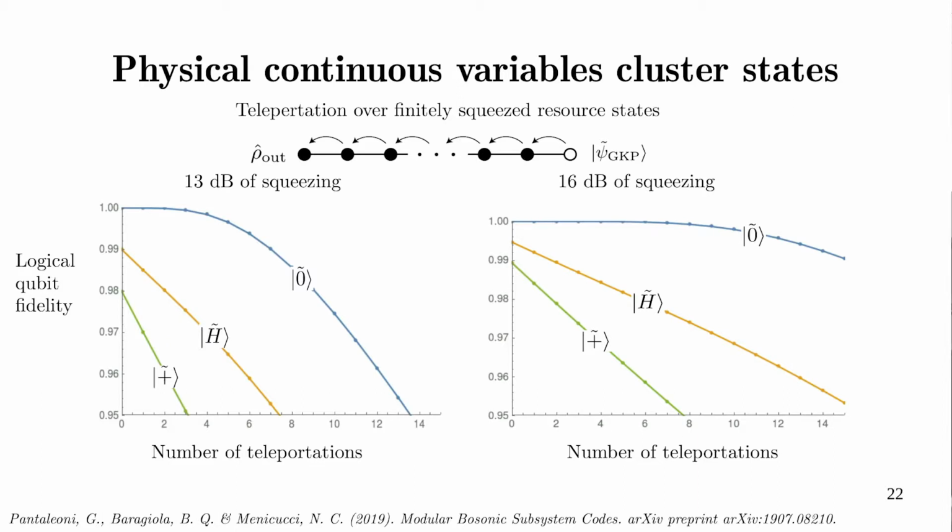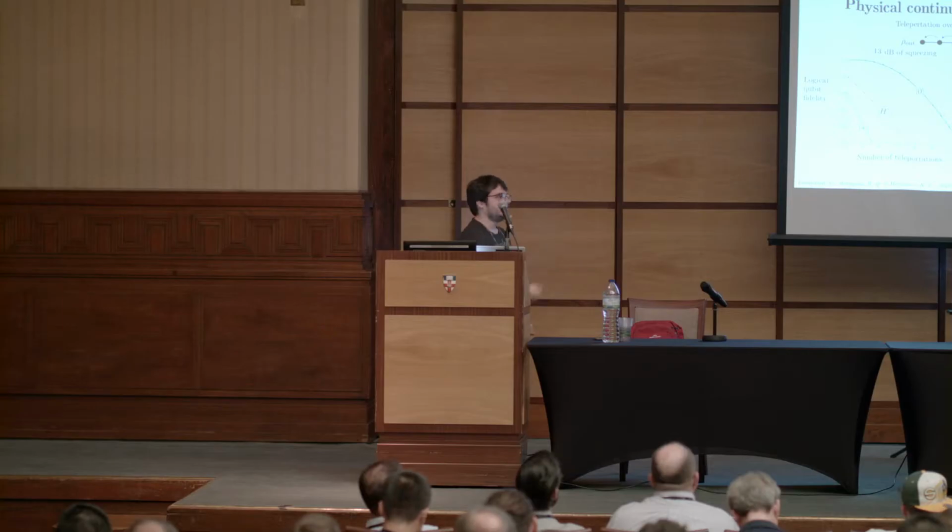We teleport this encoded state out on a chain of CV nodes. Now, for the ideal case, we will have just perfect teleportation and our state does not decohere. Nothing really happens. If each node is a finitely squeezed state, each teleportation corresponds to some loss of fidelity with respect to the logical qubit.